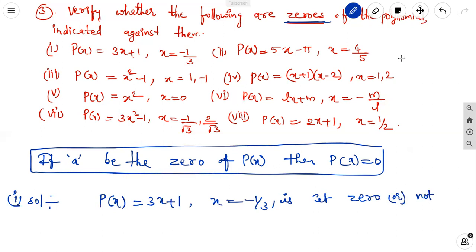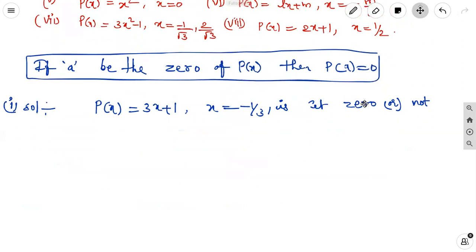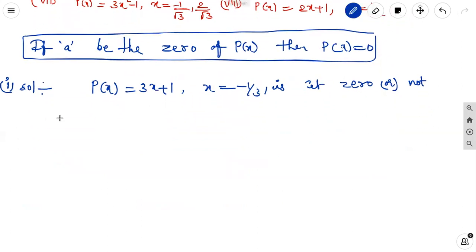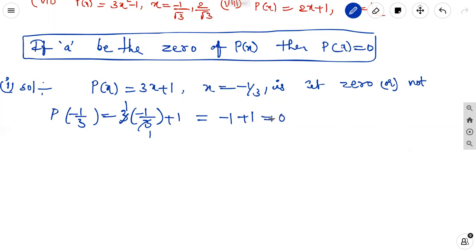For that, we substitute x equal to minus 1 by 3. P of minus 1 by 3 equal to 3 into minus 1 by 3 plus 1, in the place of x taking the value minus 1 by 3. Here the 3s get cancelled. It is equal to 1 into minus 1, which is minus 1, plus 1, equal to 0.